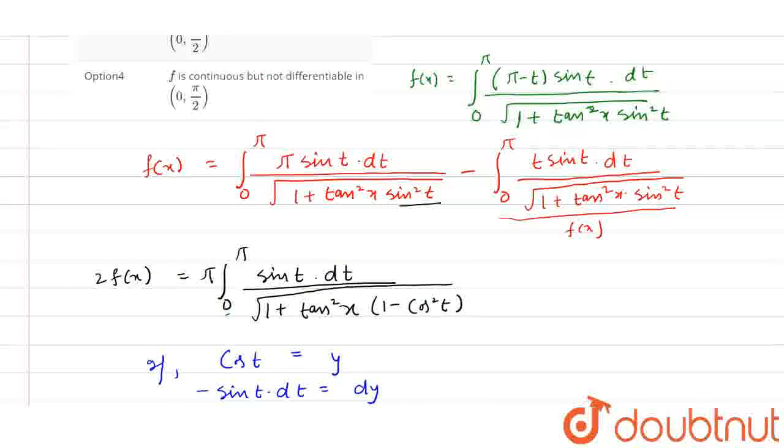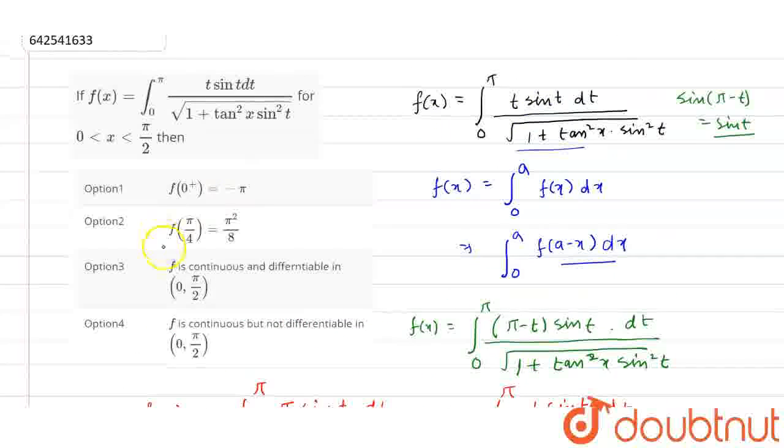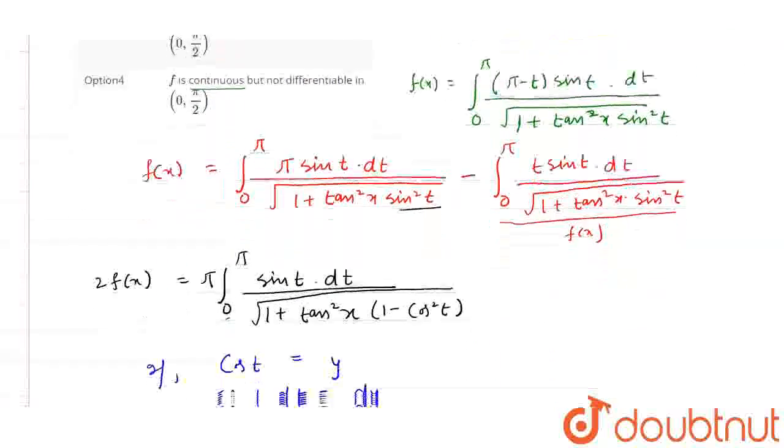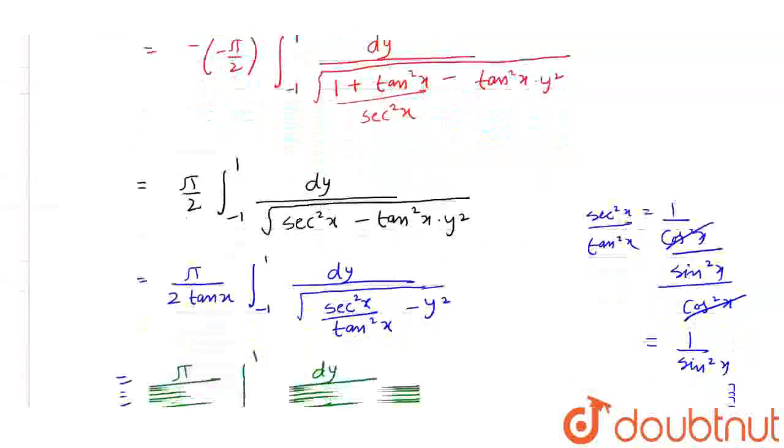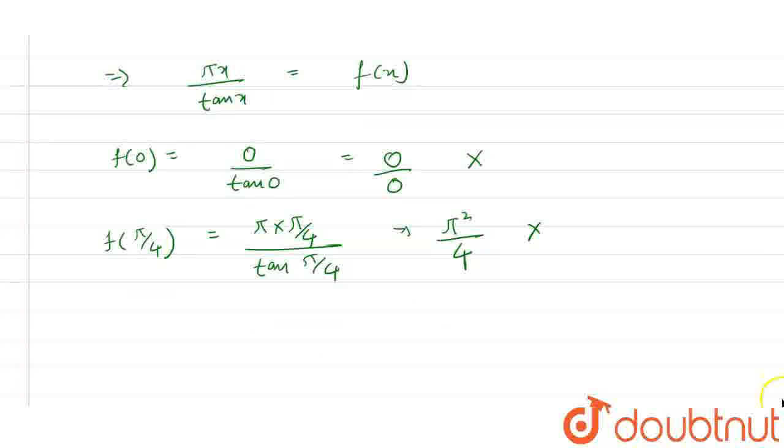Now we have the remaining two options, in which it is given that f(x) is continuous. So we know that this is continuous. For differentiability, we see that f(0) is equal to 0 by 0 form. So this can be written as the limit x tends to 0 of pi x upon tan x.